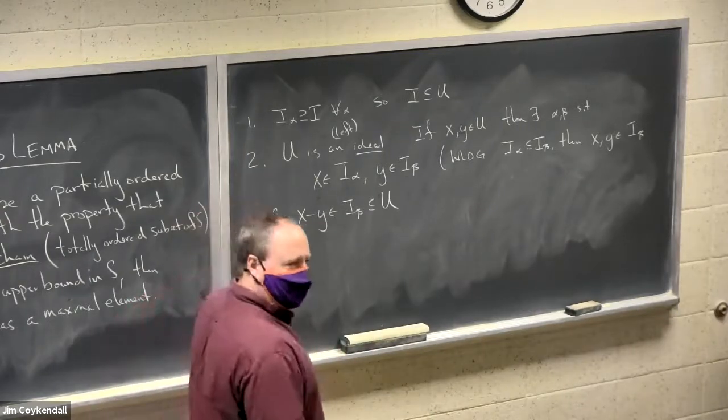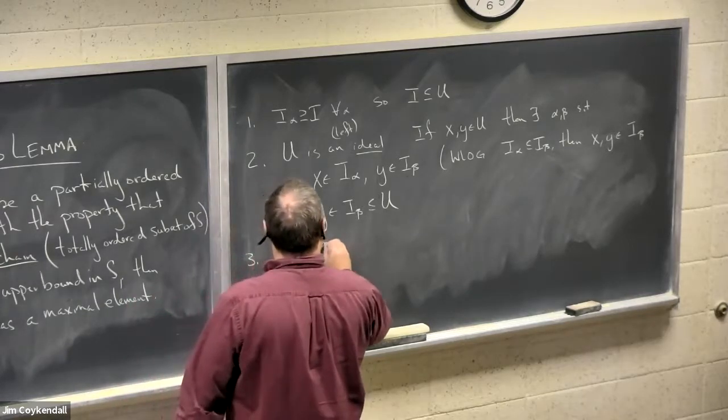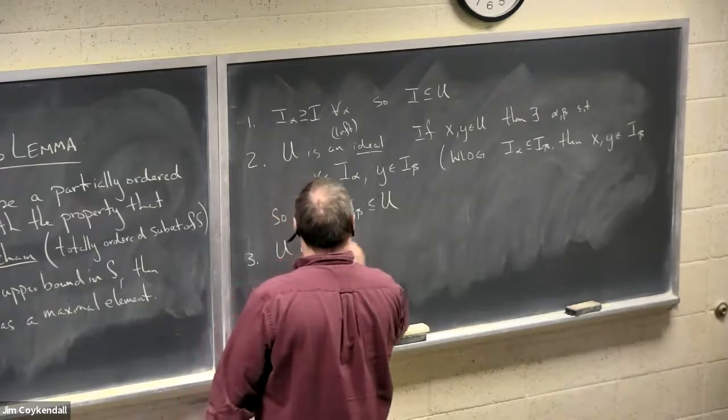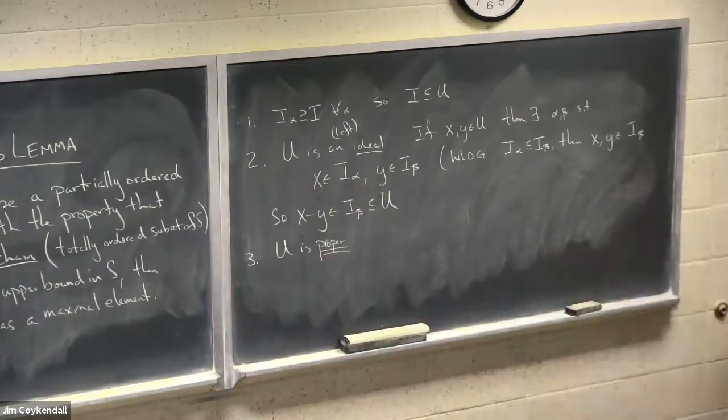I'll let you stew on this a little bit. Can anybody explain why U is a proper ideal? We need that too. I mean, it occurs to me, you could blow up and get the whole ring.